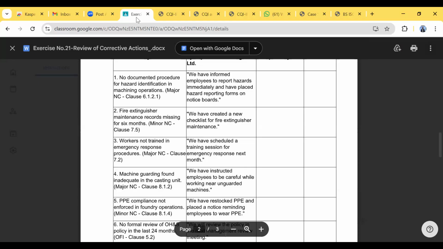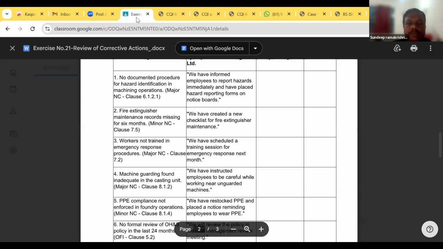Because only creating the checklist is not compliance. Say implementation is required. Correct, sir. You get it, Harish, the point Srikanth is making? Yes, sir. So you get implementation records also, and then close out and accept this non-conformity.